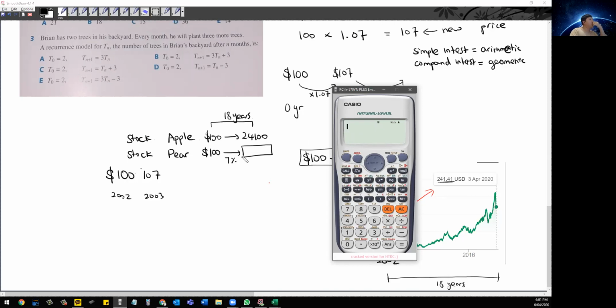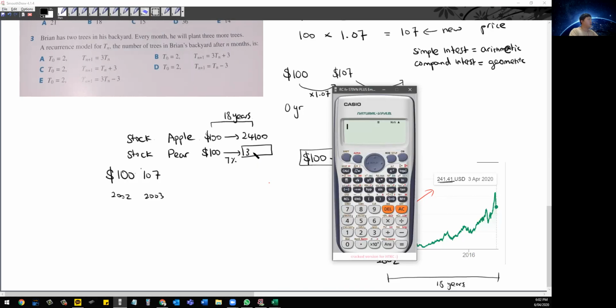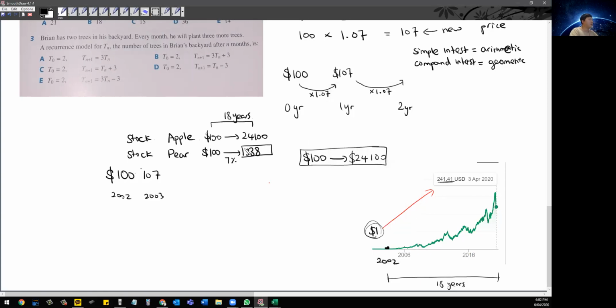It's only going to be worth, it's not that much really. 337, 338. So it's not that much really compared to this one.